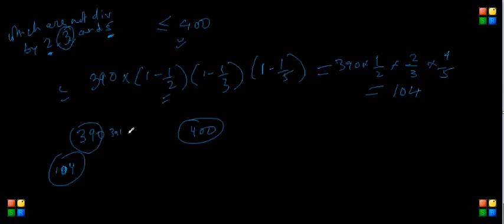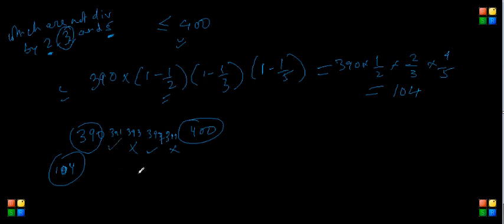Let me write them down first. 391, 393, 395 we have excluded already, 397, 399, right? Now out of these, let's see which are multiples of 3. 393 is obviously a multiple of 3, so let's take it out. 399 as well is a multiple of 3, so let's take it out. 397 is fine, it's not a multiple of 3. 391 is also not a multiple of 3, so this is also fine.